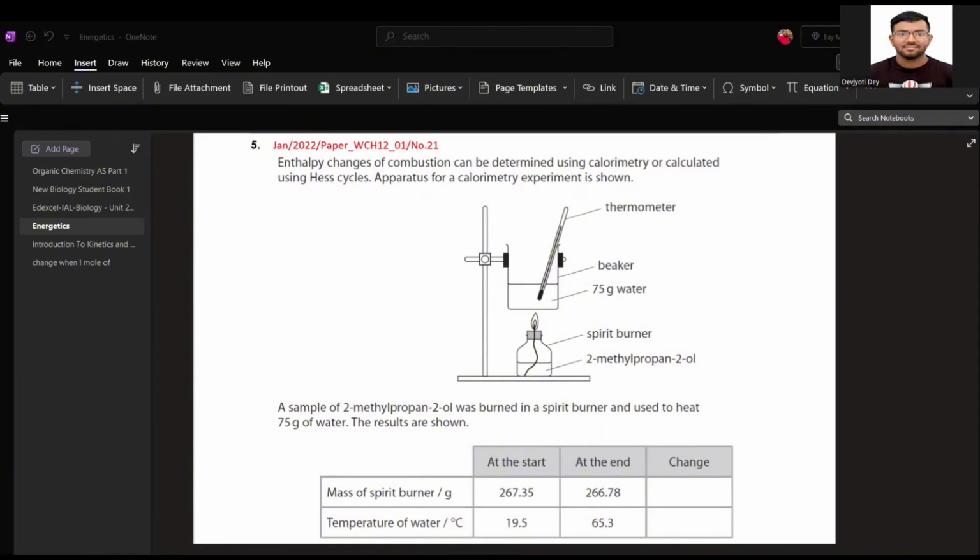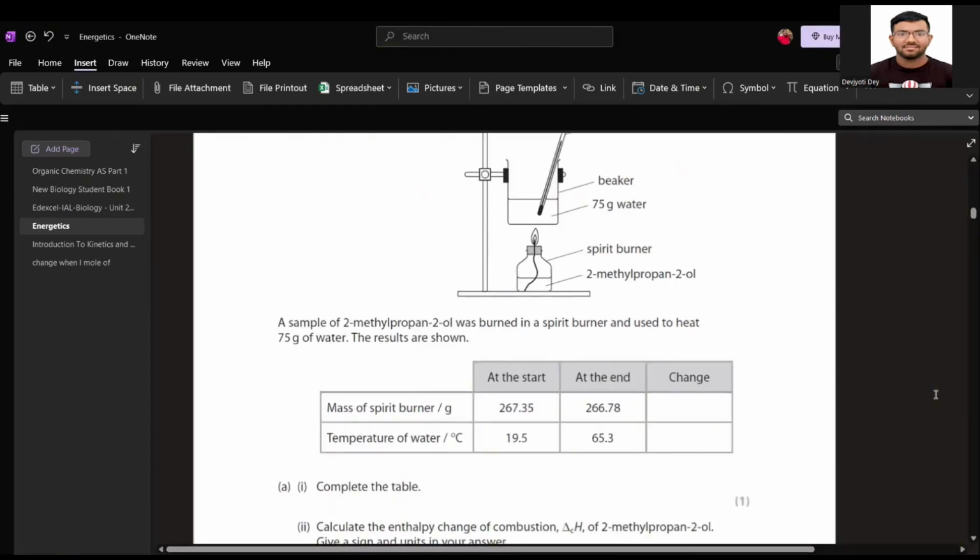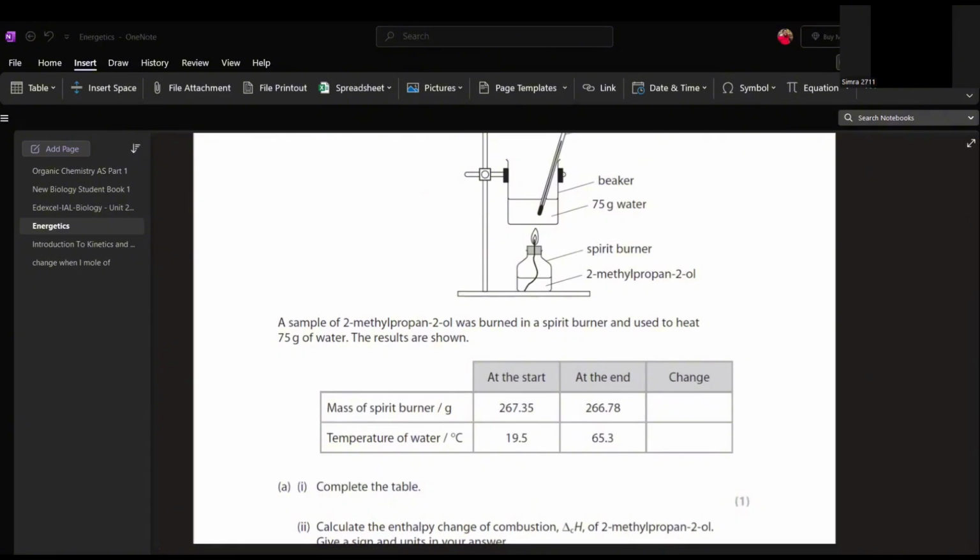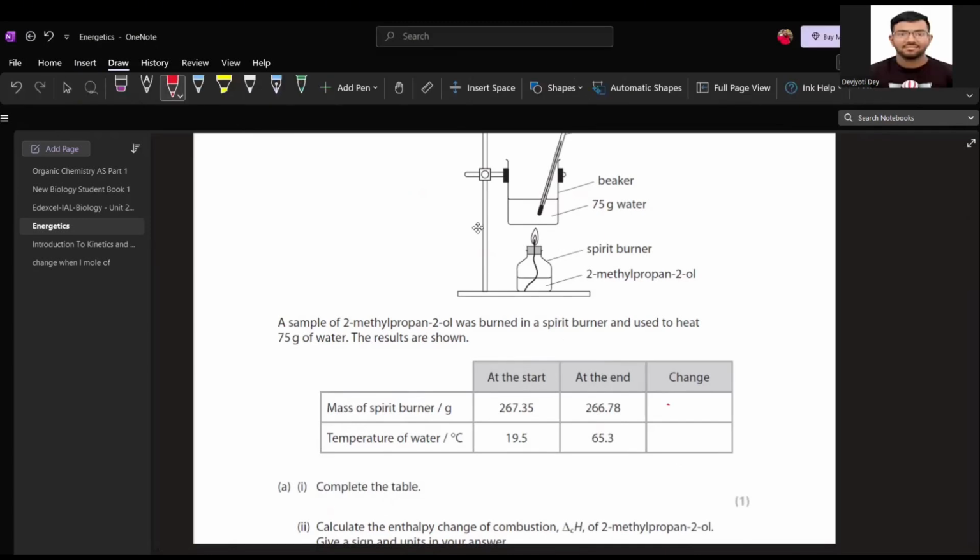Okay, can you please find the first two, this part of the question? I think you can do it. The change of the spirit burner is 0.57, and the change of water is 45.8. Right.